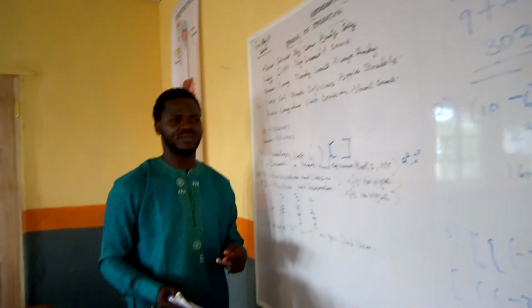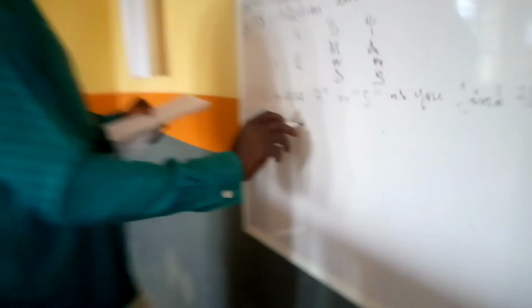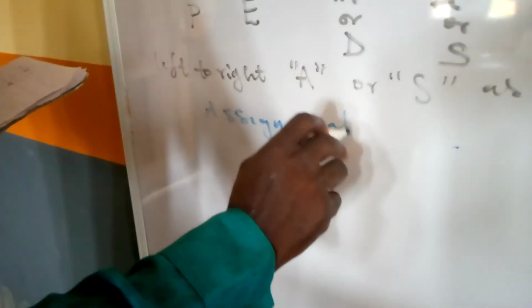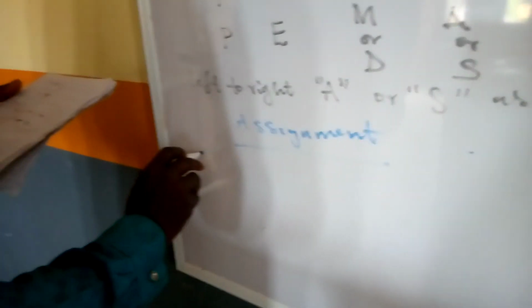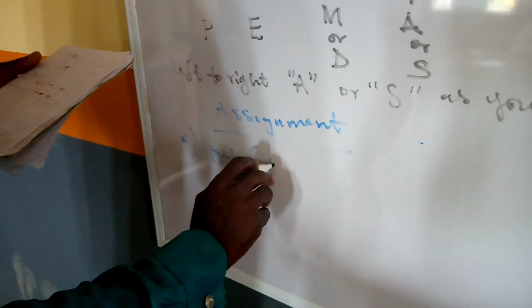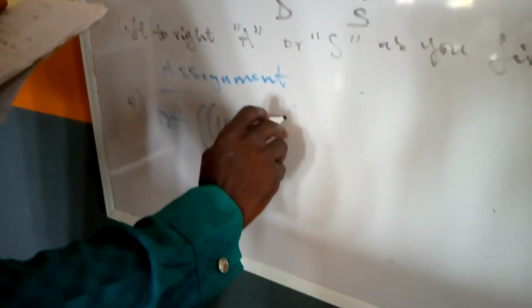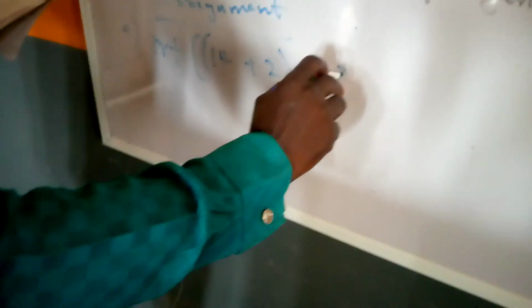Thank you very much. I think I want to write some take-home assignment here. Try this at home. 18 plus parentheses plus 4 squared equals dash.